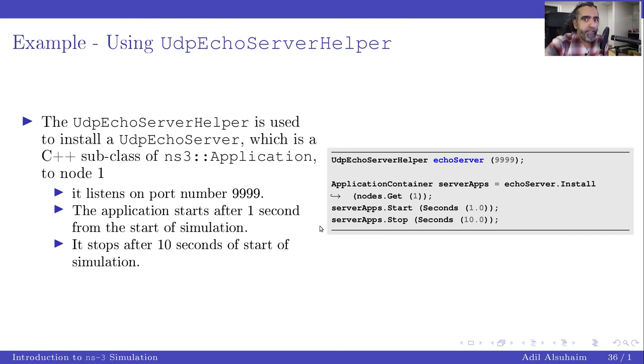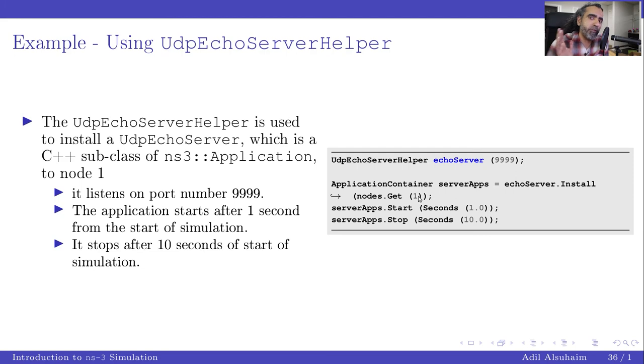So there's nothing flowing yet, so we will need to install an application. As I said, this is an application called UDP Echo Server. There is a UDP Echo Server helper, and I'm going to initialize it with port number 9999. And ApplicationContainer serverApps, and basically I use this helper object dot install, and I'm only going to specify the node with ID 1.